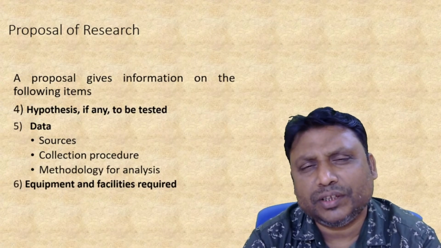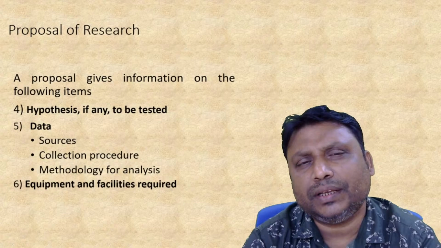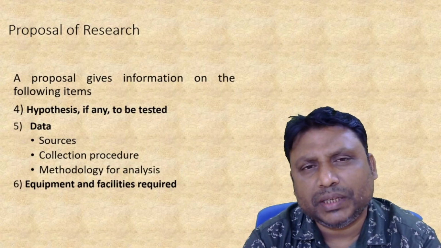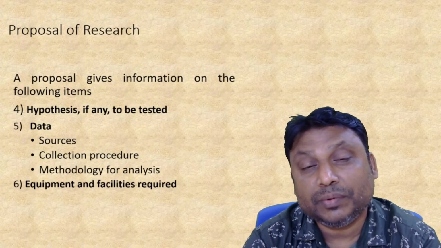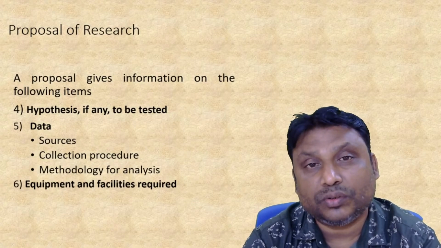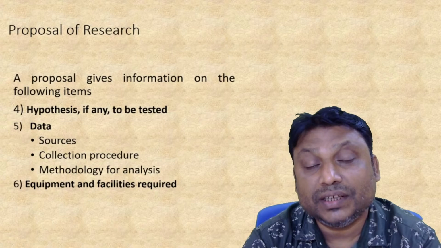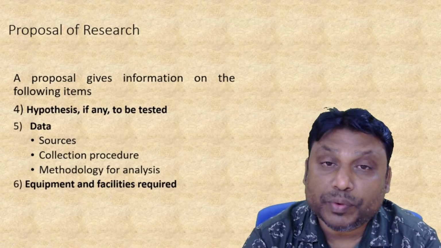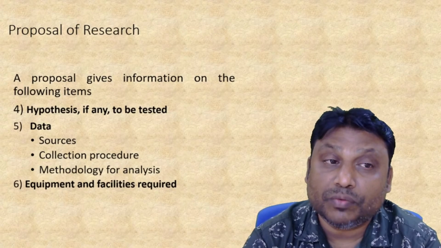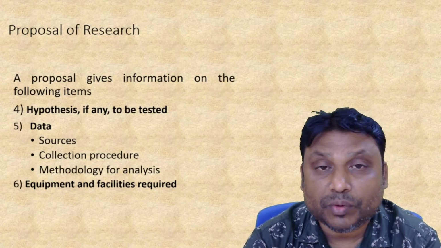Most educational organizations do many projects every year. Management institutes and some research institutes are also given permission to do research work. So this equipment and facilities is 100% required, and what type of equipment and facility is required for your research proposal, you have to mention.